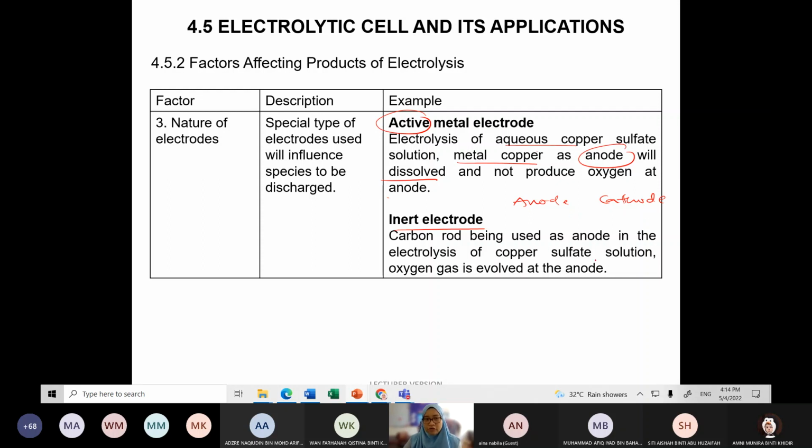Okay, so normally if we use inert electrode, H2O will discharge, ataupun bila dia oxidize, it will produce oxygen. Okay, so kalau pakai copper just now, bukan oxygen yang akan produce, it will produce copper metal. Okay, that is number 3.